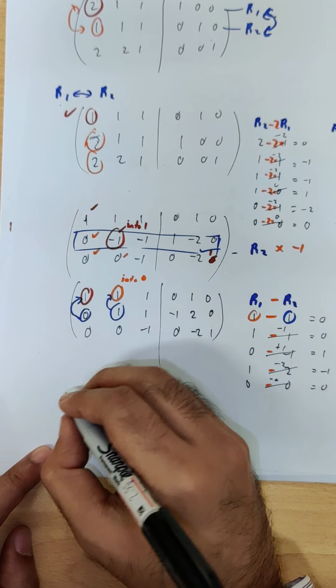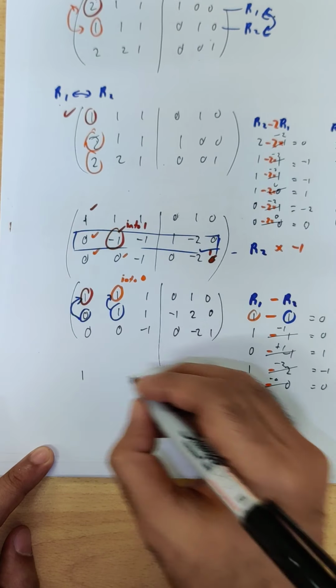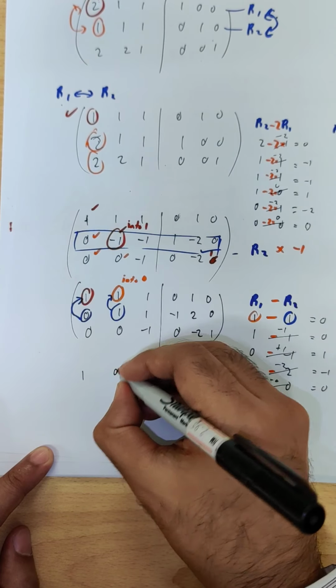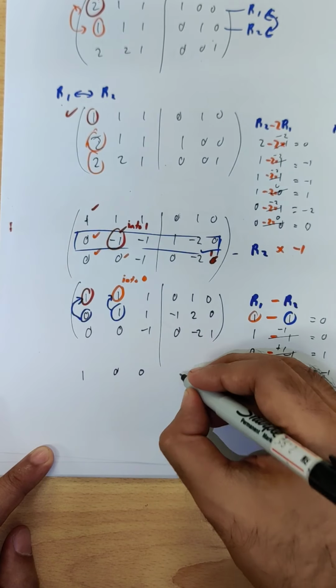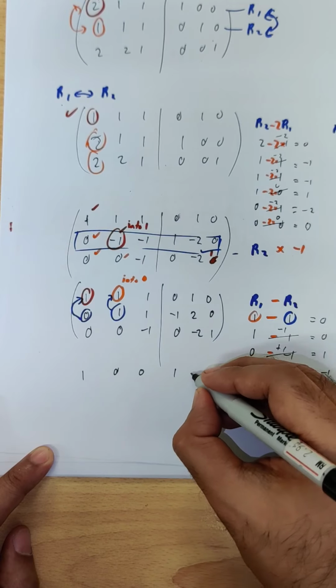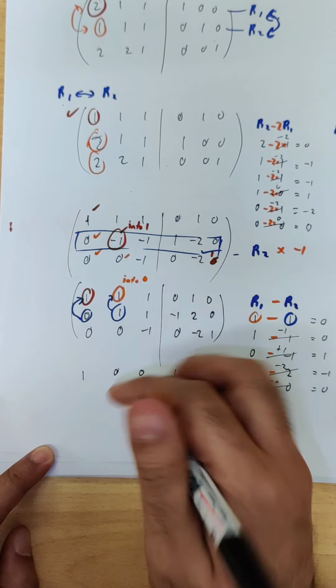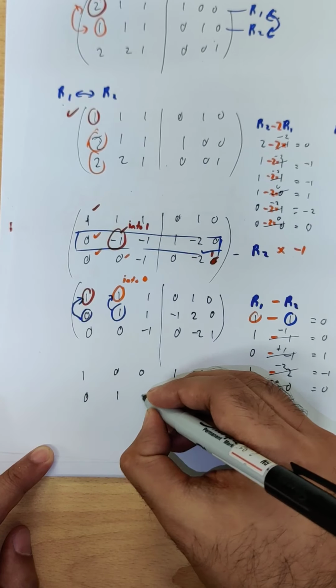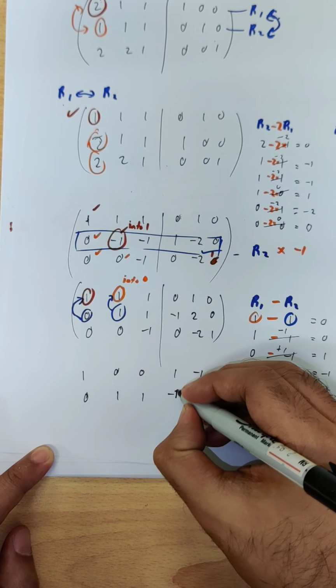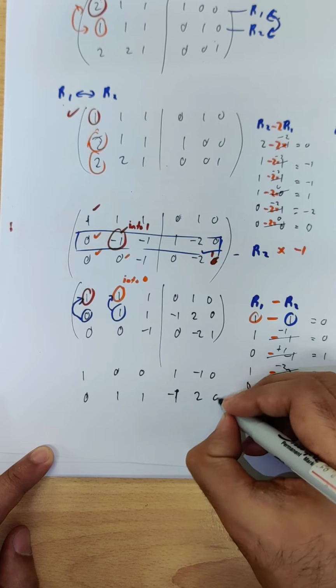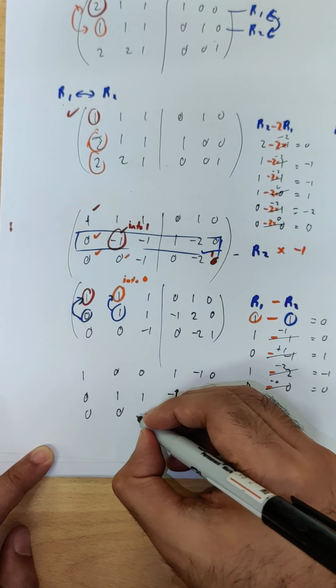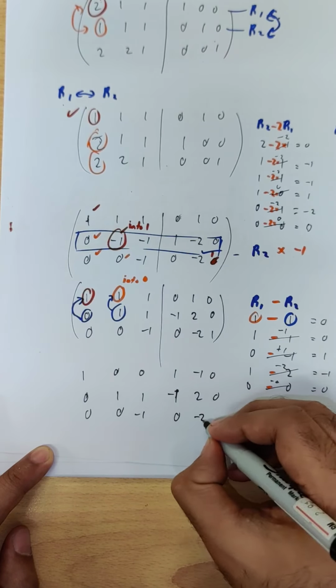Let me rewrite this again. The 1 remains as it is: 1, 0, 0, 1, negative 1, 0, and nothing happened to row 2: 0, 1, 1, negative 1, 0, 0, 0, negative 1, 0, negative 2, 1.